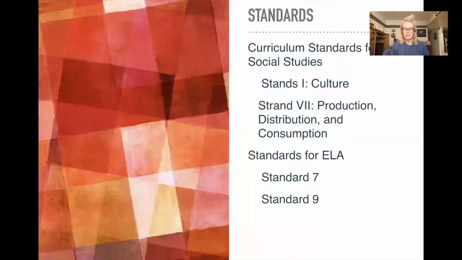So let's go over the standards that we will be covering with this activity. In the curriculum standards for social studies, strand 1 is culture, and strand 7 is production, distribution, and consumption. And then the standards for English language arts, standard 7: students conduct research on issues and interests by generating ideas and questions and by posing problems.